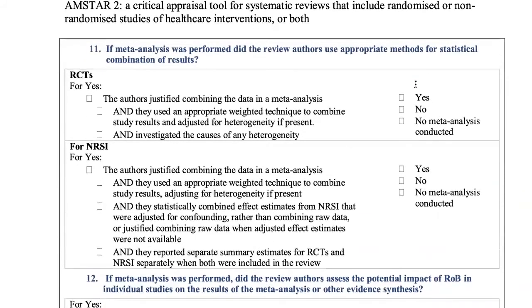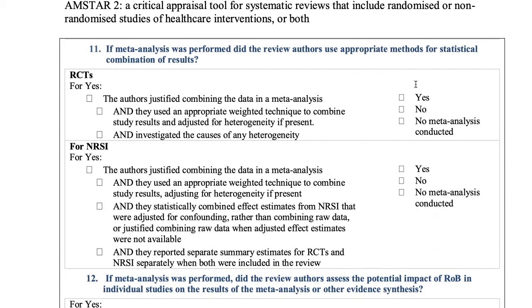So question number 11 is, if meta-analysis was performed, did the review authors use appropriate methods for the statistical combination of results? We talked about meta-analysis in the previous lecture on systematic reviews with meta-analysis.